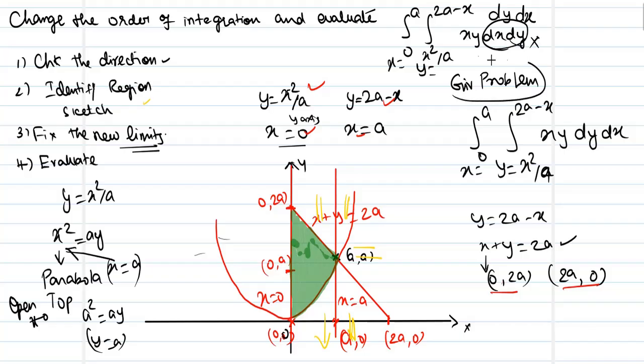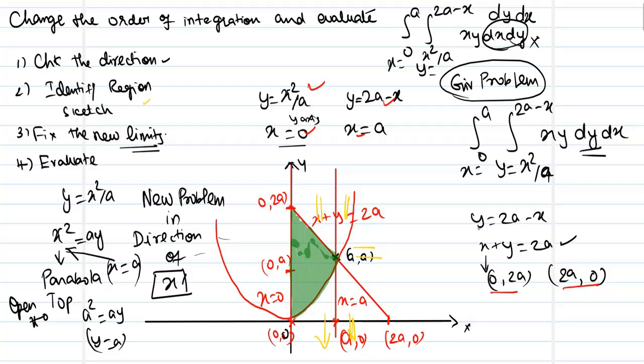The given problem is in the direction of y, so the new problem has to be in the direction of x. So I'll have to convert the problem which is in the direction of y by change of order. When I change the order, it turns out in the direction of x.